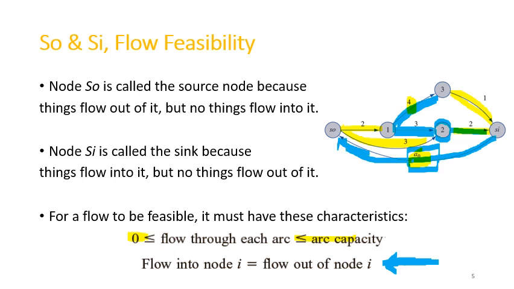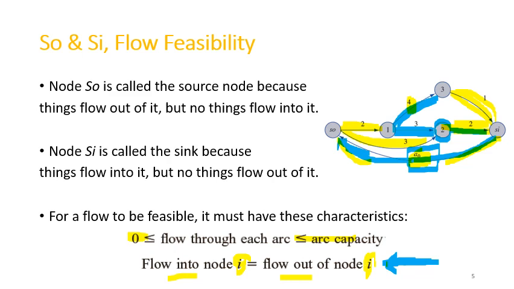Once we have this artificial arc, we can say that every single node in our network satisfies this constraint. Anything that goes into it will flow out of it. Now you can see with the artificial arc that everything that flows into the sink will go out, and anything that goes into the source will flow out.